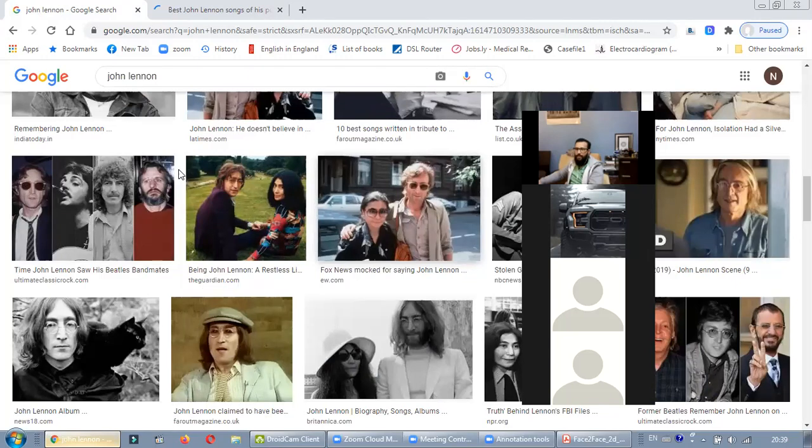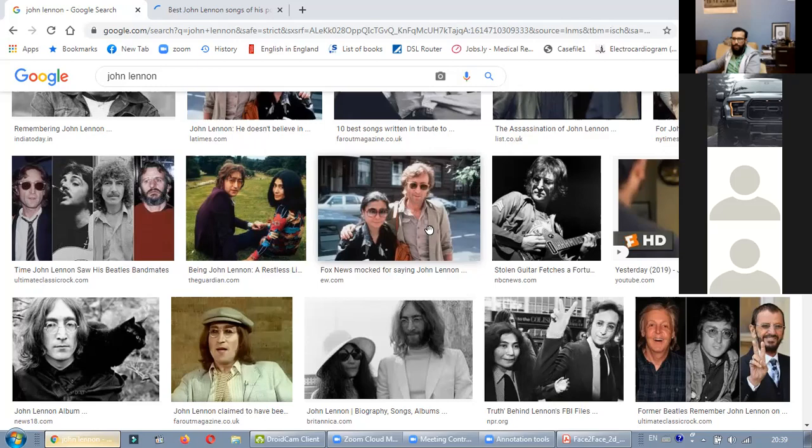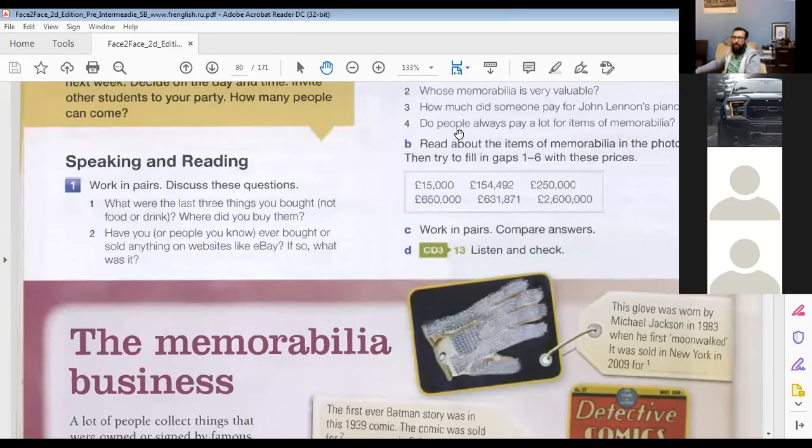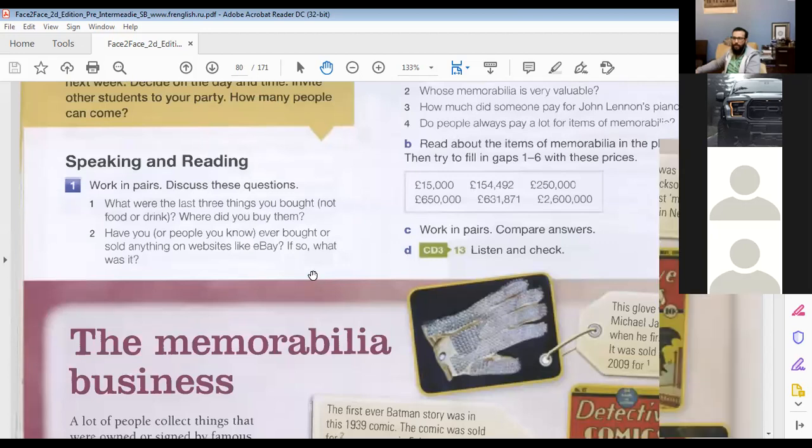All right, so let's check the next question. What is the next question? I think question number 4 now. Do people always pay a lot for items of memorabilia? What do you think?